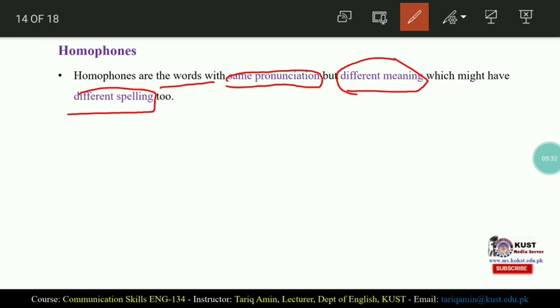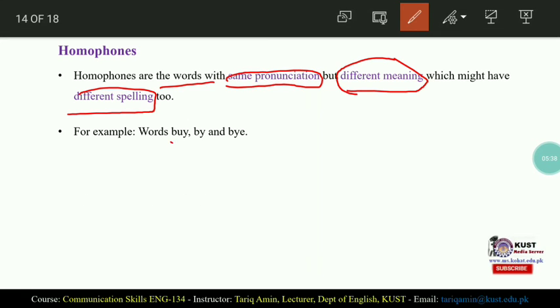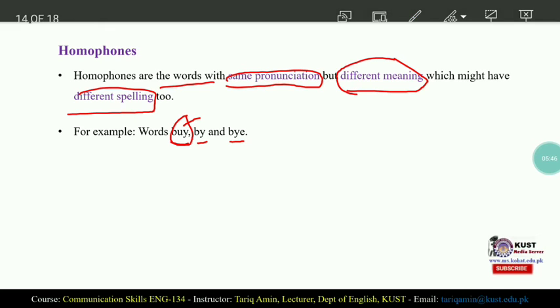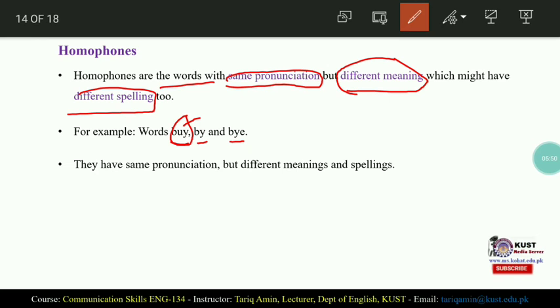Their pronunciation is the same but they have different meaning and different spelling. For example, the words buy and by, we can see that they have the same pronunciation but different spelling and different meaning.